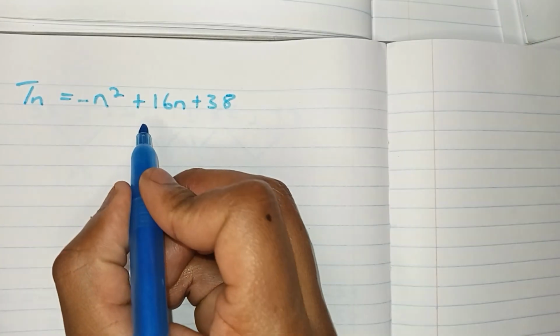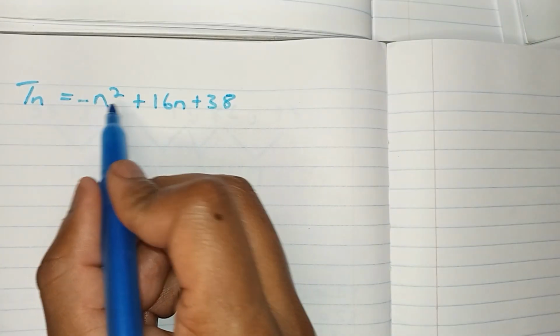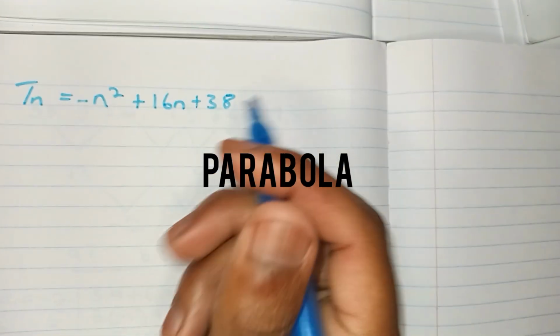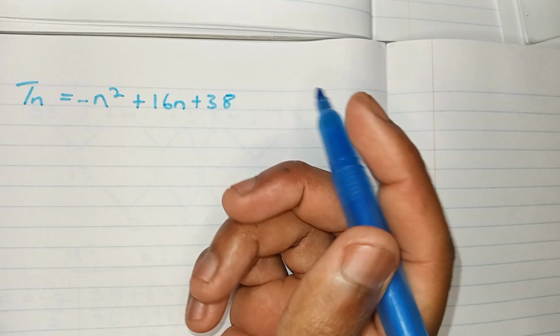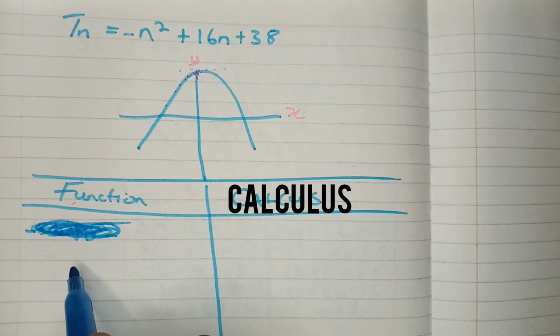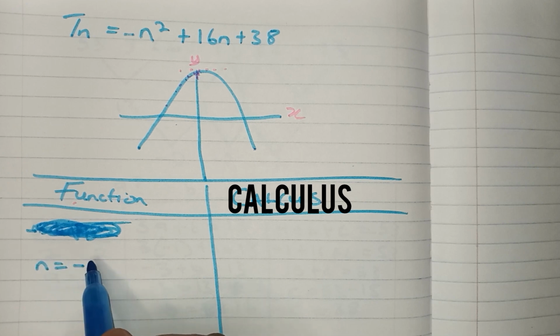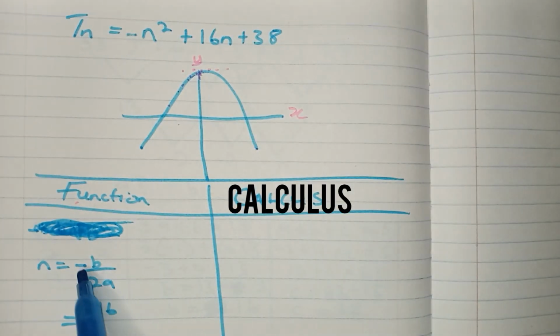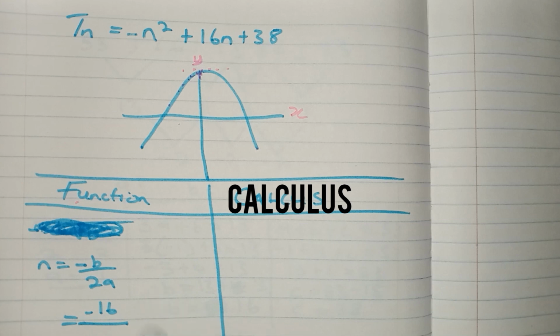And by the way, you should notice that this is a graph of some sort. That's why they're telling you to calculate the maximum value in the pattern. So it actually goes like this. You say n is equal to minus b over 2a, right? So you substitute. b is going to be negative 16 because it was positive here, but then with this negative, it's now a negative, right?